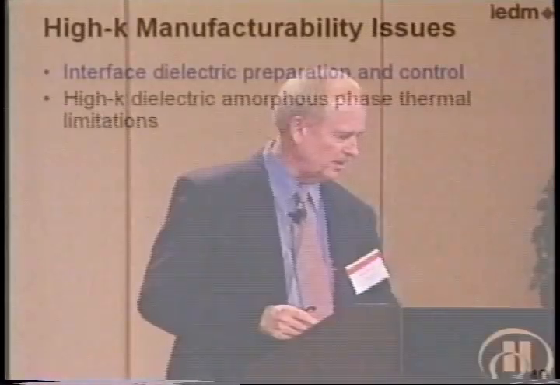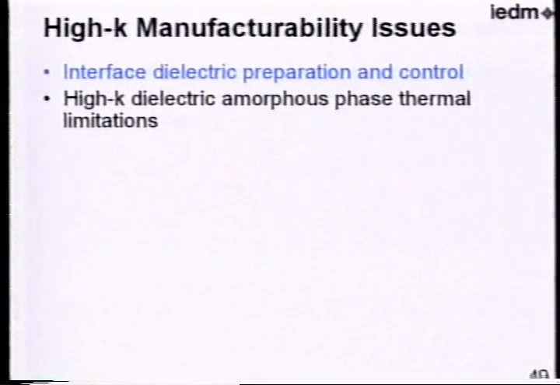High K manufacturability issues, of course, include interface and dielectric preparation control, and high K dielectric stability. The thermal stability of the high K dielectrics is always an issue because many of them change phases as you do subsequent anneals, and so you have limitations on what the thermal phase will be. Of course, they have material characteristics, and this is not only with the dielectric itself, but also with the gate electrode that you select with it.